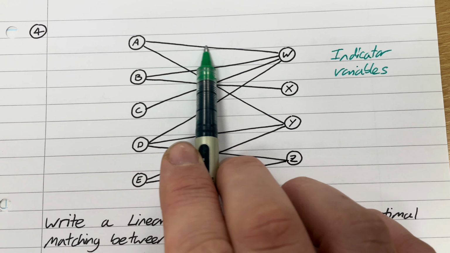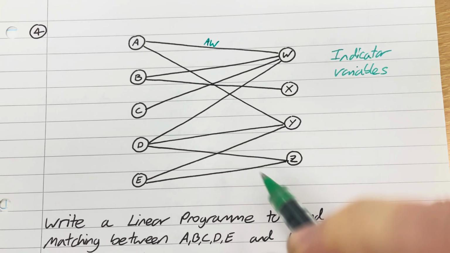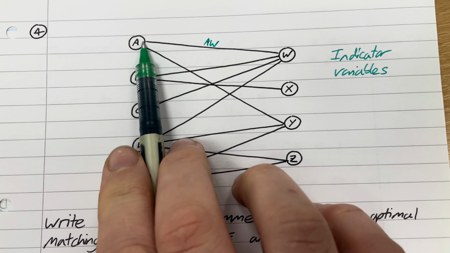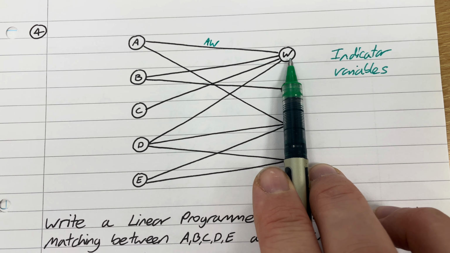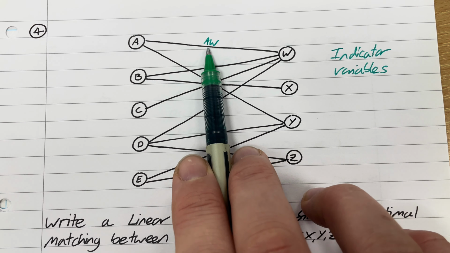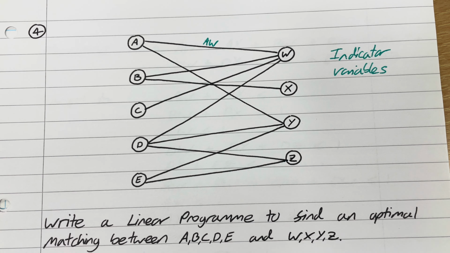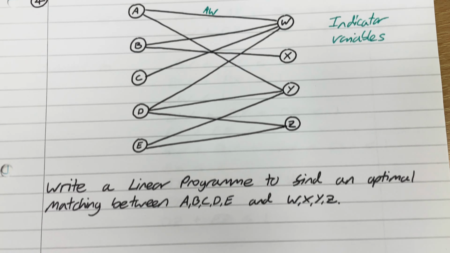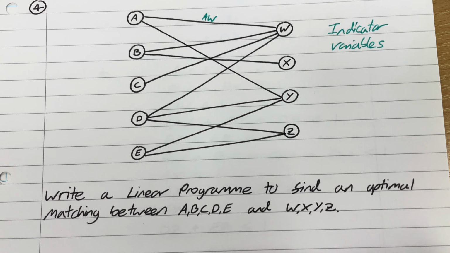So for example, this arc here will be represented by the variable AW. If AW is 1, that arc is being used and worker A is assigned to job W. If AW is 0, then that means worker A is not assigned to job W. Okay, simple as that.